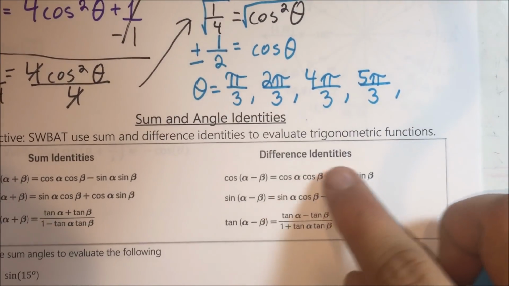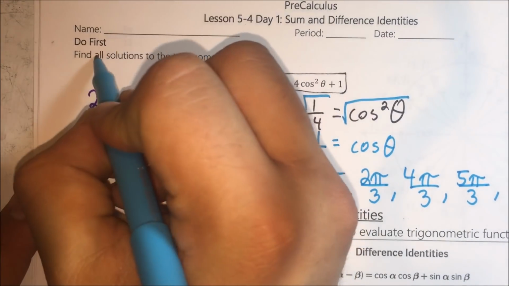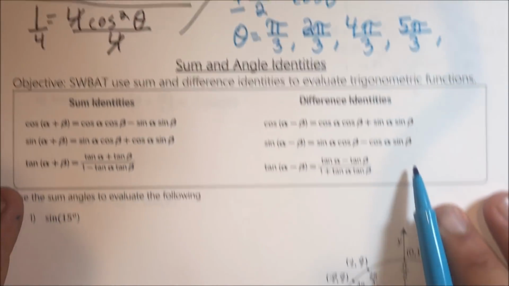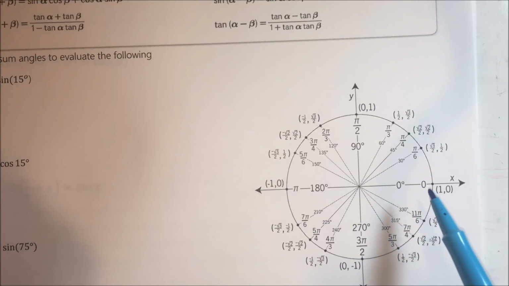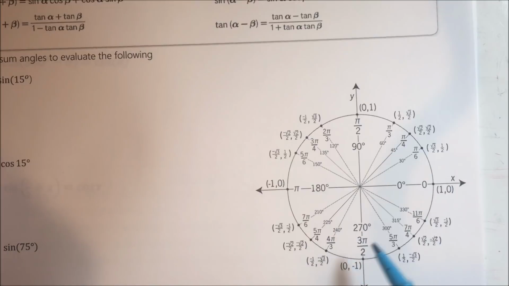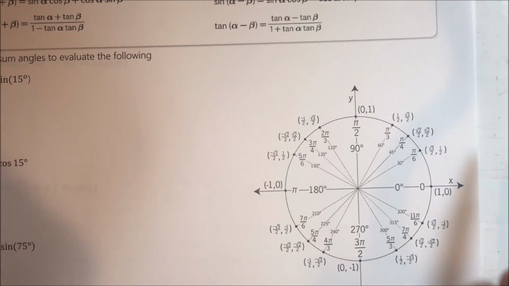Okay, so normally we'd be done, right? But remember, this says find all of the solutions. That's saying that we not only want the solutions from going once around the unit circle, or 2 pi around the unit circle, we want them for going as many times around the unit circle as we want. We didn't discuss that, so we're going to make it really simple here.